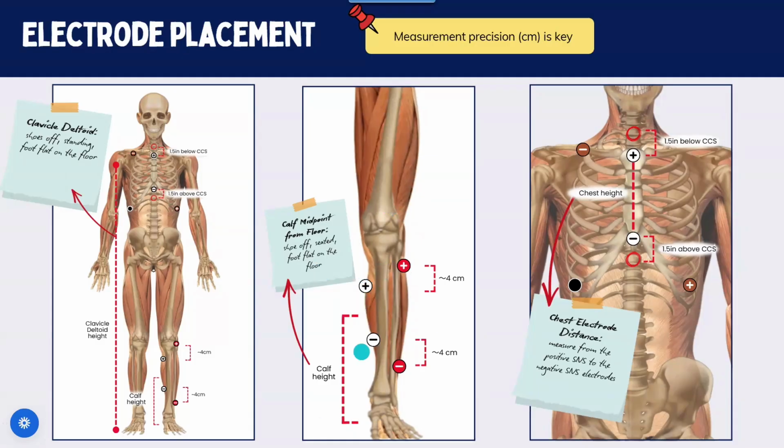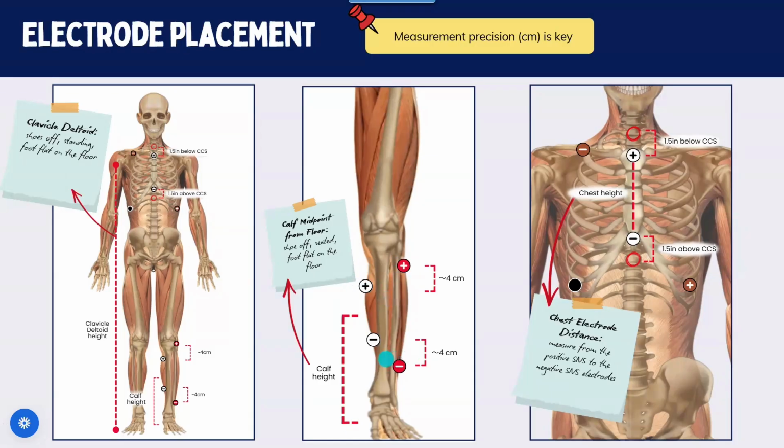We then are going to use our white electrodes on the other side of the calf. And these are going to look at when that pulse wave arrives at the periphery. So rather than starting with the white electrodes and then placing the red electrodes later, like we do for chest impedance, this is opposite. We'll start with those red electrodes, and after these red electrodes are placed, you're going to want to take a 4-centimeter measurement and use that to determine where your positive electrode is here, slightly lower than your red.